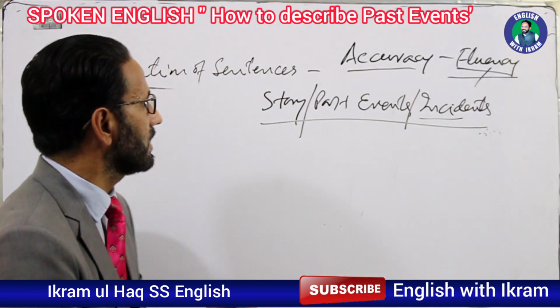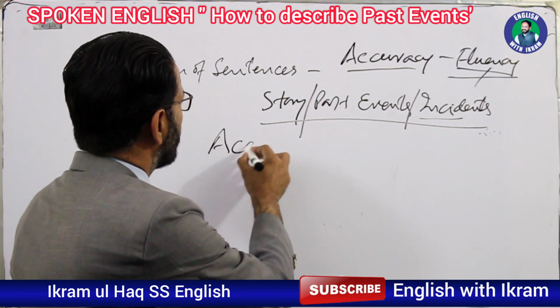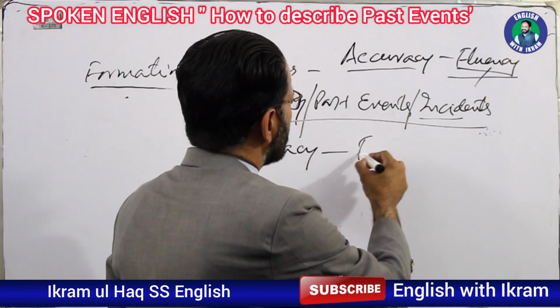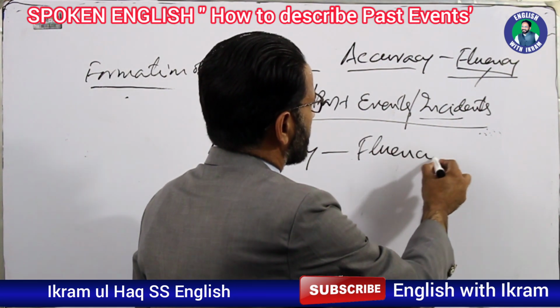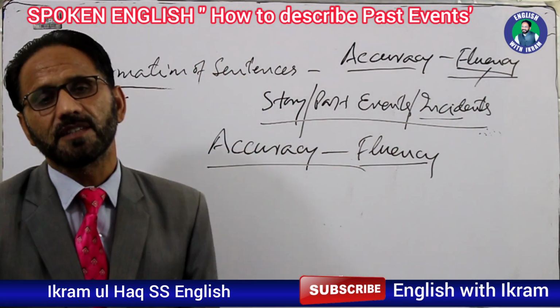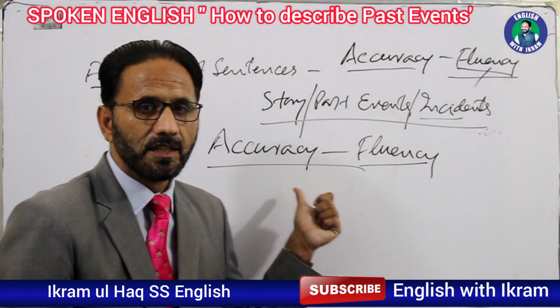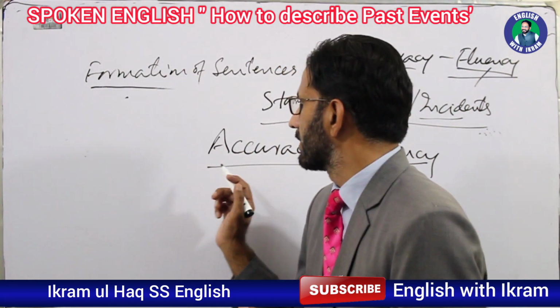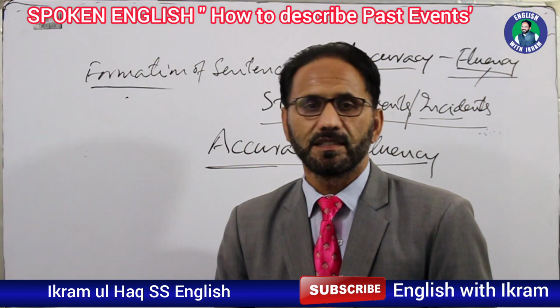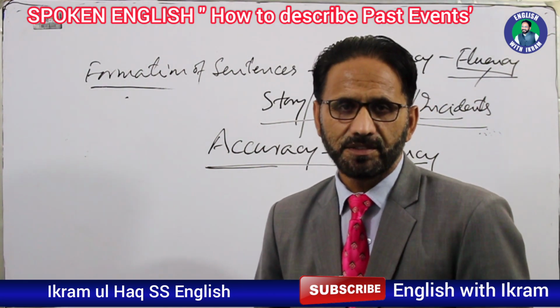First, for accuracy, as I have told you, these are the two main pillars. Again, I am focusing on these two, fluency and accuracy. These two are the main aspects, the main pillars of a language. For accuracy, you have to be very clear about grammar, grammatical structure, formation of sentences, and sometimes pronunciation.